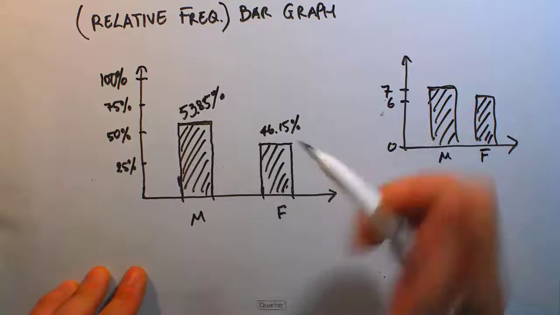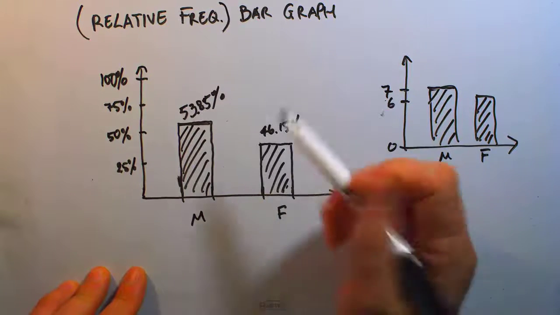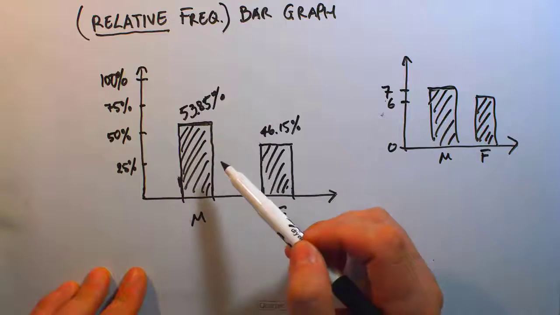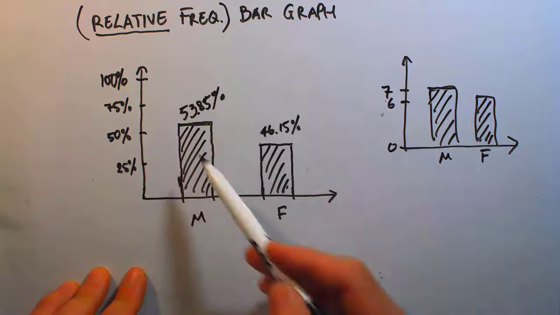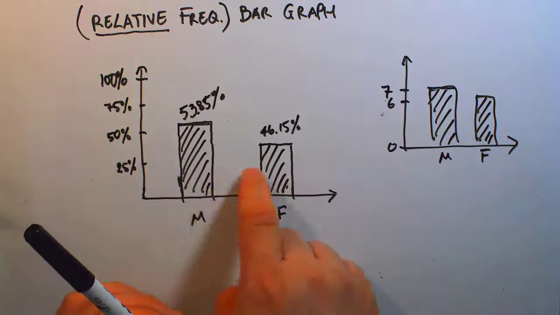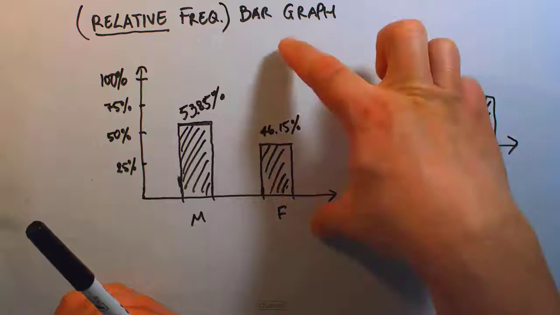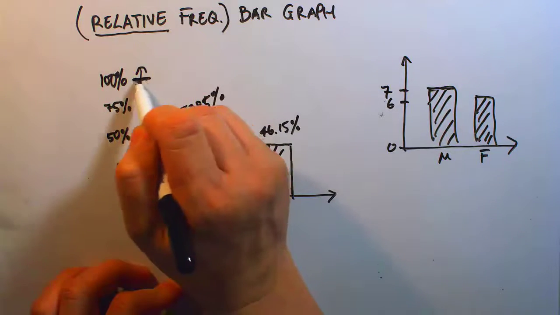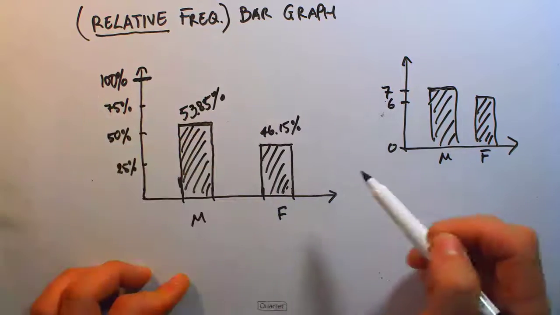But another intention of the relative frequency bar graph is that, you can see that we call it relative because putting your frequency this way is intended so that we can compare among them and also compare them versus the whole. So imagine the full scale right here being 100%.